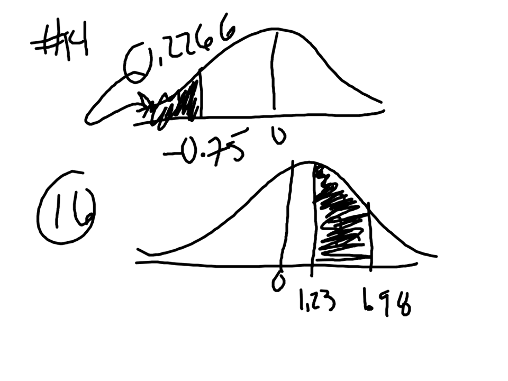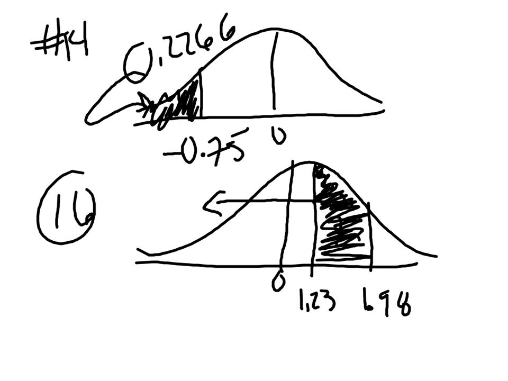So we're looking for that area, and of course, we can't find it directly. Now, depending upon your tables, there's probably other ways to find this, but the simplest way is to find the z-value associated with 1.98. That would give us everything to the left, going this way. I just drew an arrow to the left there.